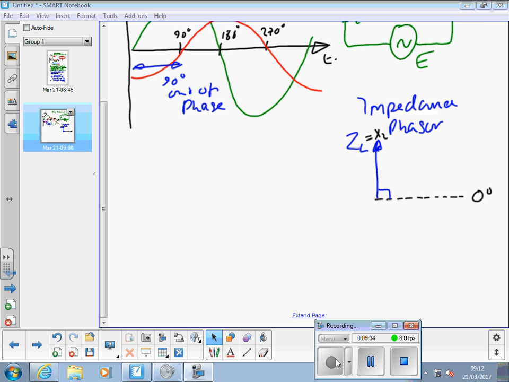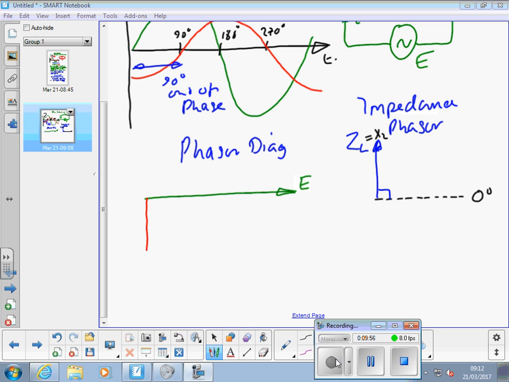Okay, what we have over here is the phasor diagram for current and voltage, which has E, the voltage, at 0 degrees, and then we specify the current I lagging by 90 degrees.